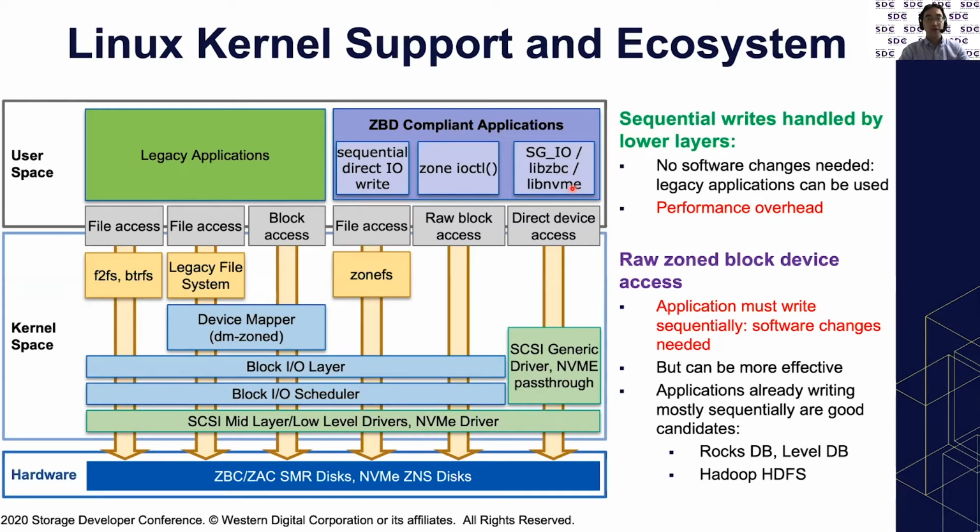To make the applications enjoy the benefit of the zoned block devices, the applications need to follow the sequential write restrictions. There are two approaches to do it. One of them is to handle it by lower layers. The file systems such as F2FS or BtrFS, or device mapper dm-zoned, support zoned block devices.